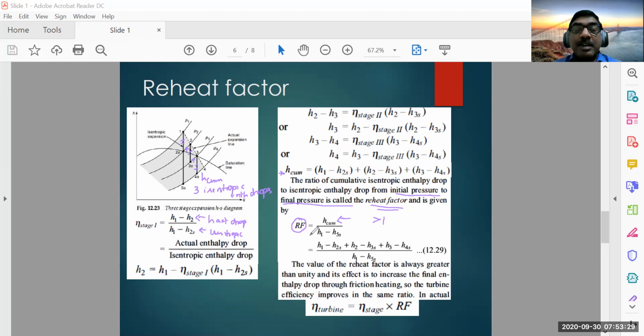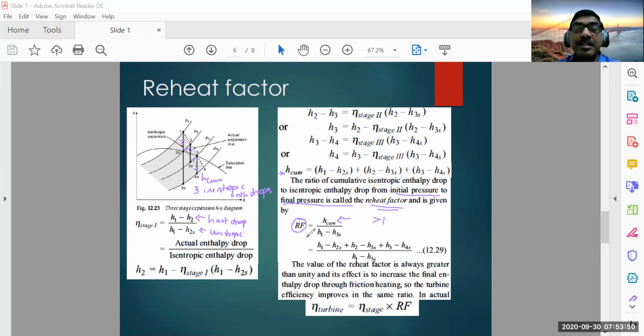What is the significance of the reheat factor? By reheating the steam in multiple stages, the cumulative isentropic enthalpy drop is greater than the isentropic enthalpy drop of a single stage.